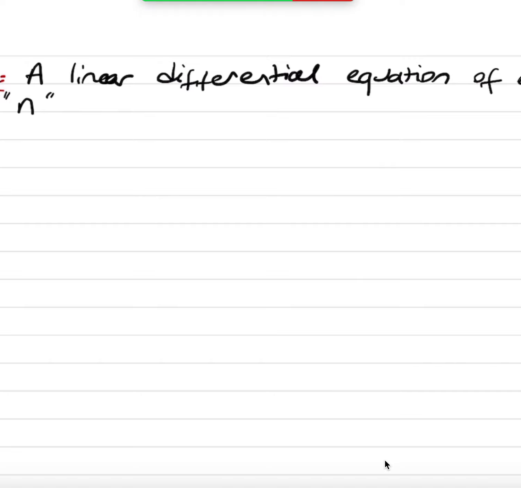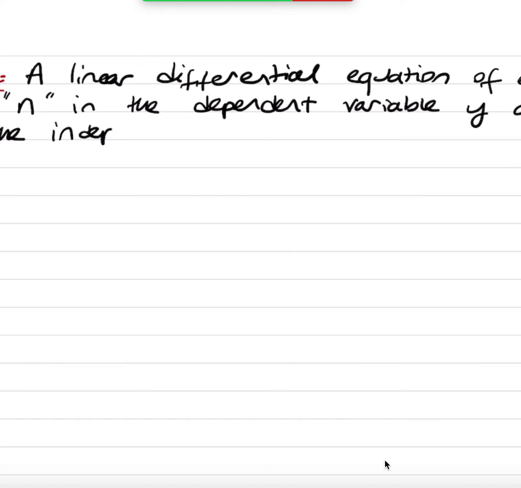This means that the highest derivative must be d^n y over dx^n, in the dependent variable y, which depends on x, and the independent variable x.